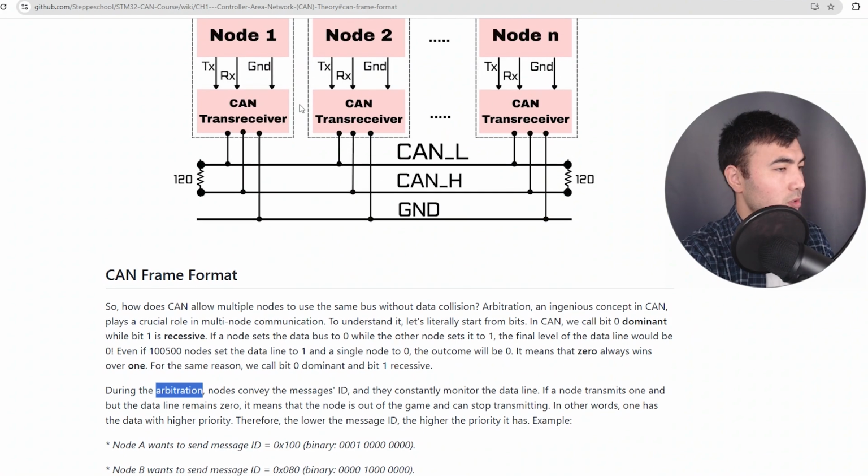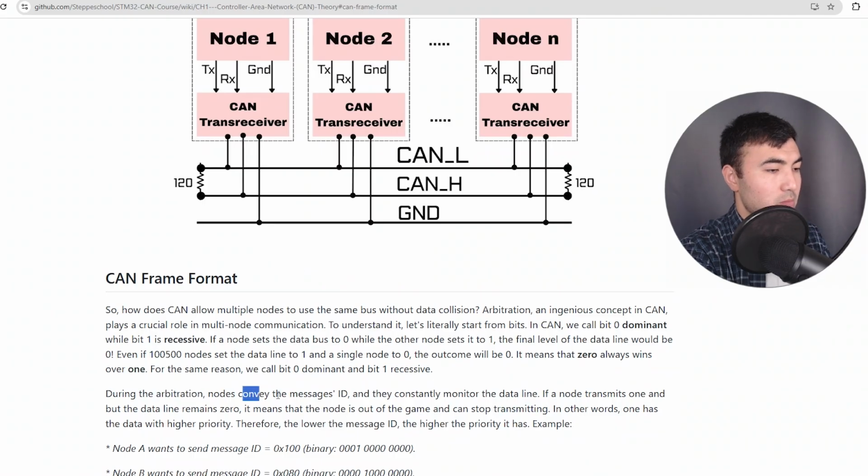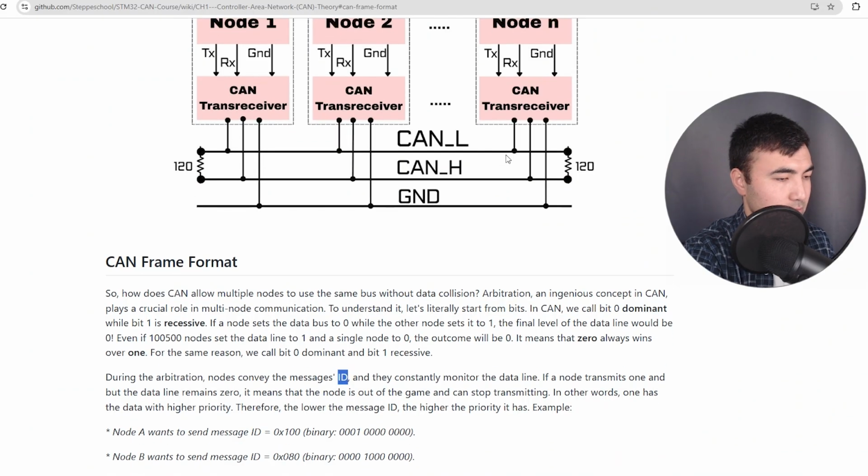First, all the nodes convey the message ID, the identifier. It's 11 bits, just a number. During this time, multiple nodes can send data. There's no restriction. Multiple nodes can initiate the data transfer by sending the identifier.